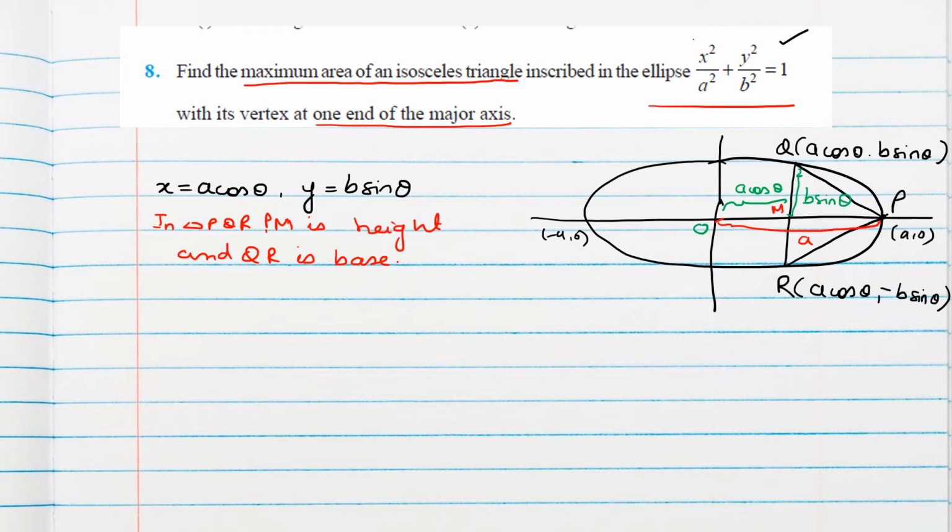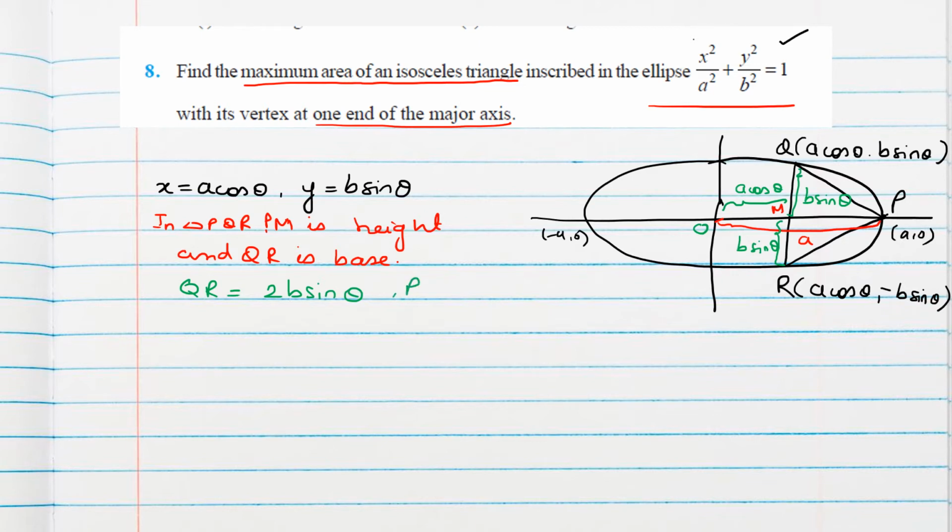If QM is b sin theta, QR will be b sin theta plus b sin theta, so QR length is 2b sin theta.